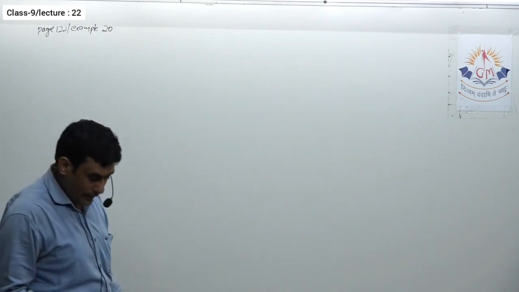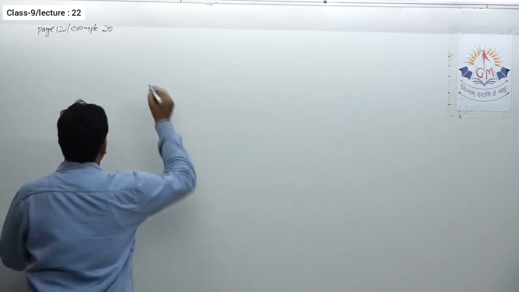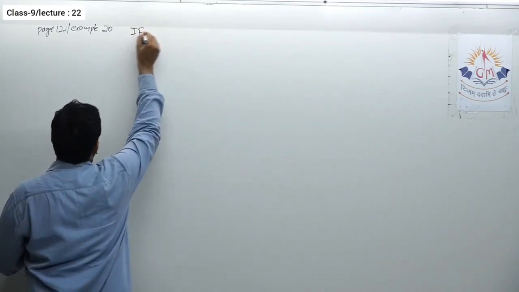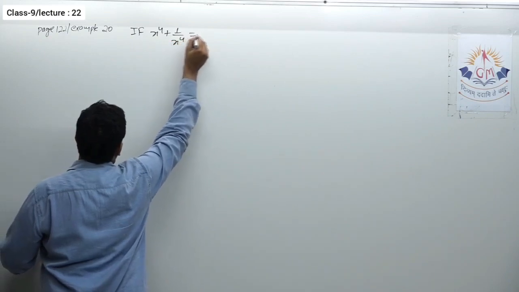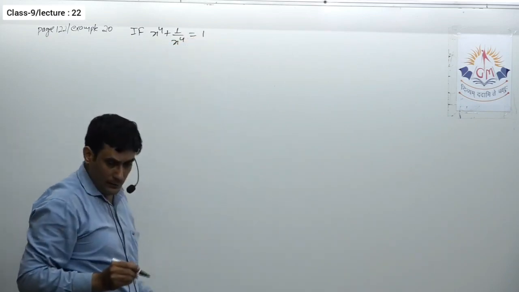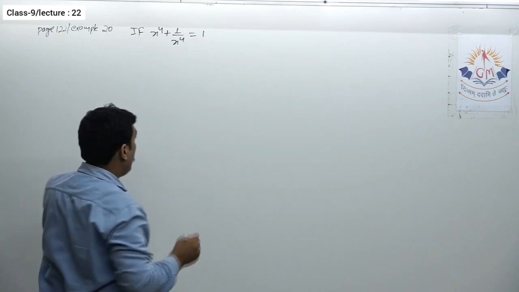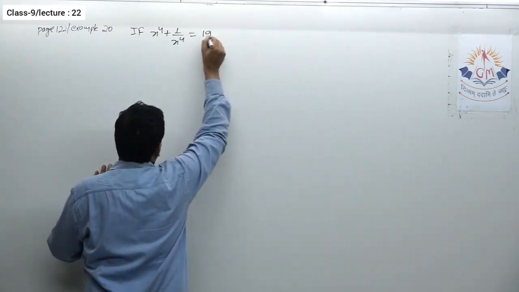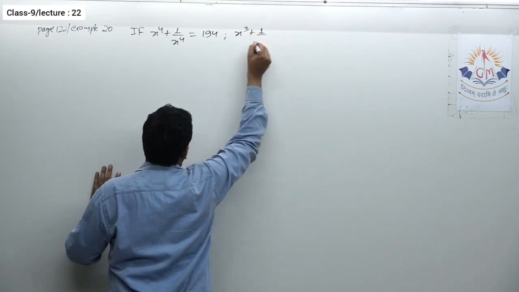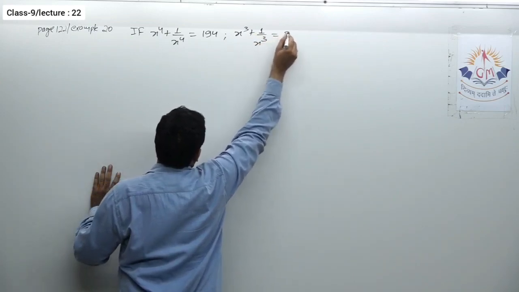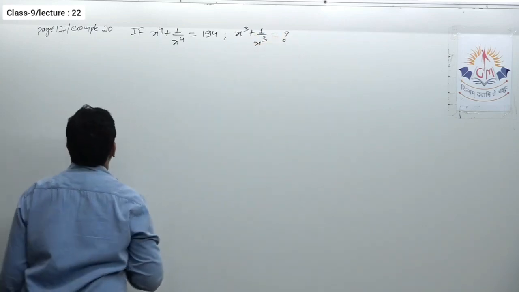Question is, if x raised to 4 plus 1 upon x raised to 4 is equal to 194, then find the value of x cube plus 1 upon x cube is equal to what?